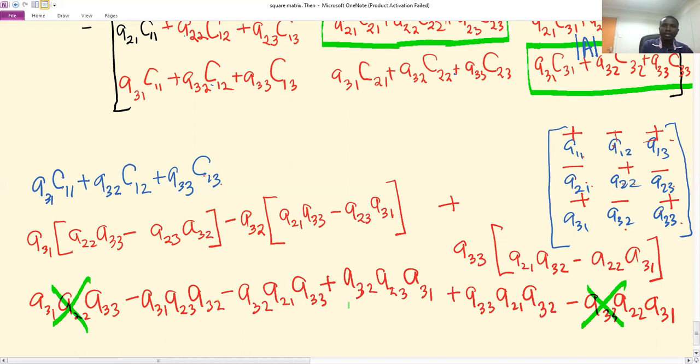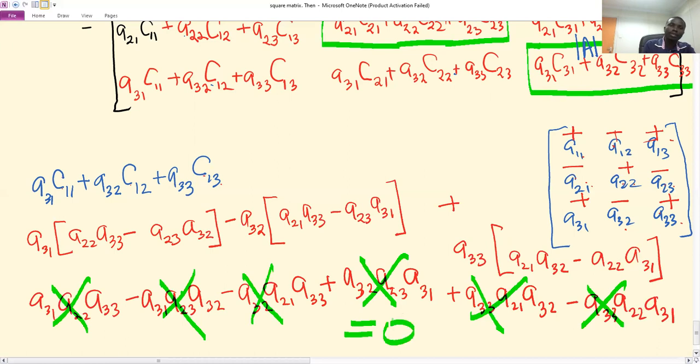You see, we have another one here, A32, A23, and A31. So this and this cancels out because they're the same terms with opposite signs. And minus A32, A21, A33, A33, A21, A32. This also and this one cancels out. So this will give you 0.